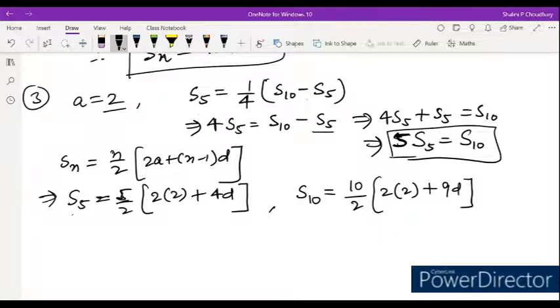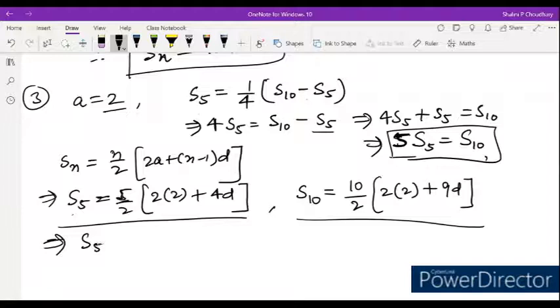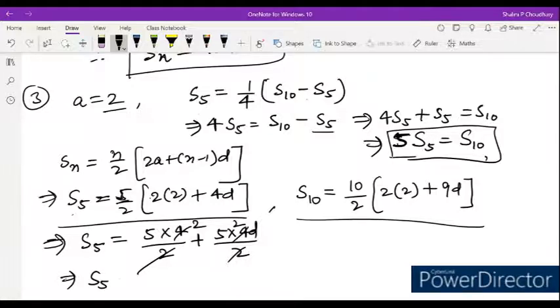Okay, now we'll put the value of S5 and S10 in this formula. Can we solve this? We can solve it in a better way. We can find the value, I mean 5 into 4 upon 2 plus 5 into 4d upon 2, we can do it like this. So this will be 2, this will also be 2, so S5 will be equal to 10 plus 10d.